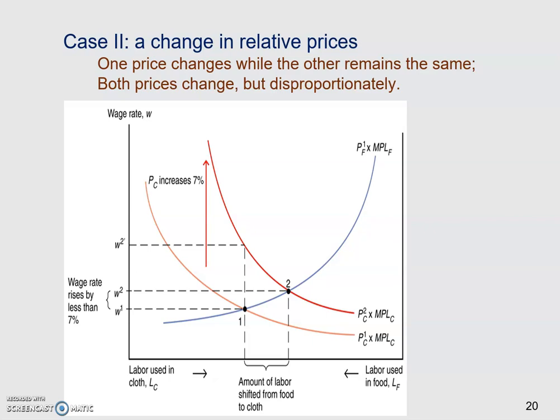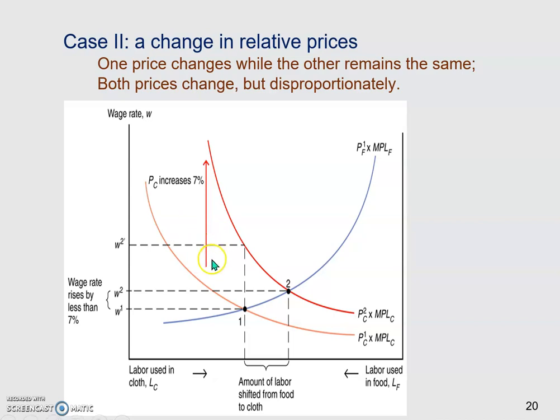Now, the economic intuition is actually pretty easy. When the price of cloth goes up by 7%, we're going to say that compared to the food sector, now the cloth sector becomes more profitable.